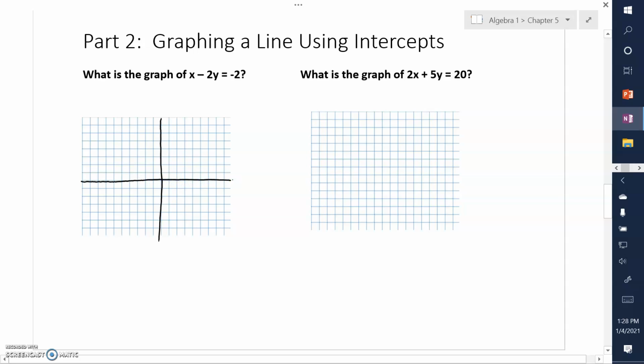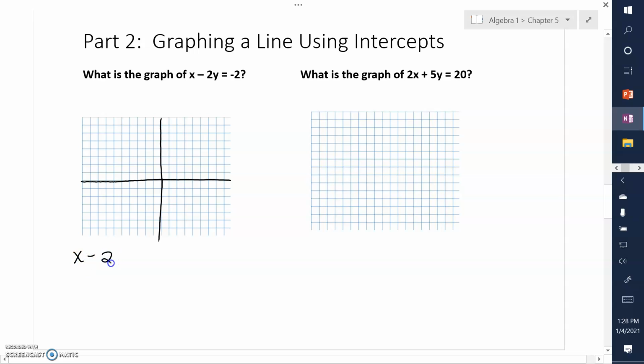And I'm going to do the graph of x minus 2y equals -2. Now the thing I need for a graph is 2 points. And with our other forms, we would have one point and then use the slope to get us the other point. This form, let's use those x and y intercepts, just like we did a moment ago.